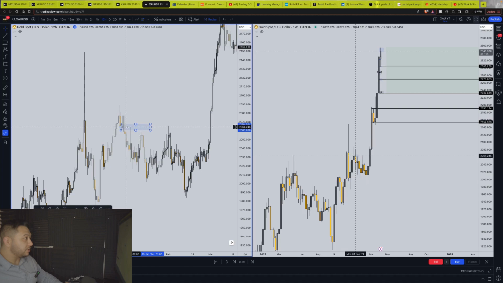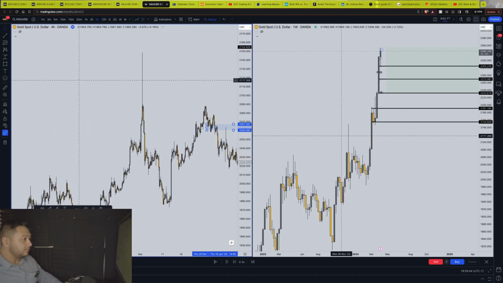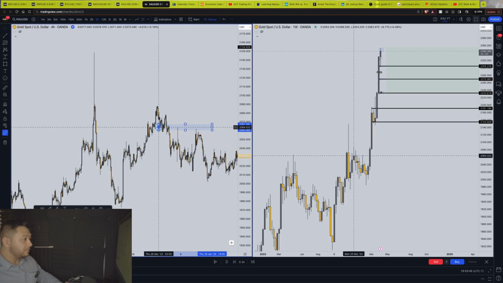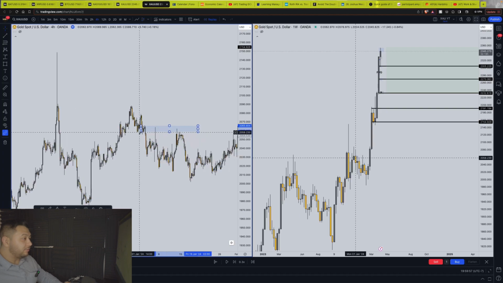On a lower time frame, there's something right there, so we can just look at it real quick. See? You could draw this as an area of supply if you wanted, but it also can be seen as a fair value gap because this is where price previously broke out from.